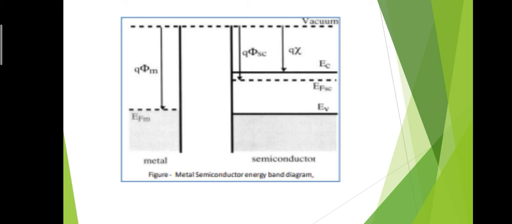As shown in the figure, the valence band lies below the Fermi level of the semiconductor, and the conduction band lies above it, or simply we can say that in a semiconductor the Fermi level lies near the conduction band.